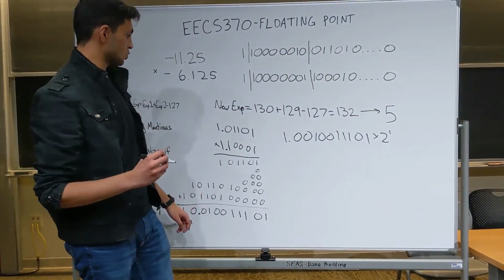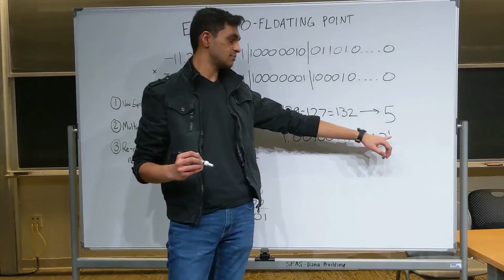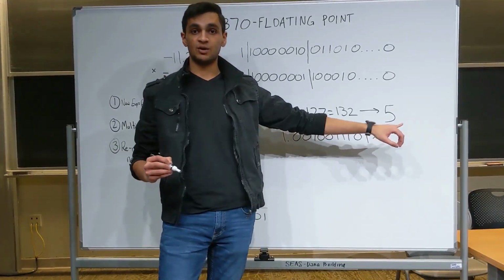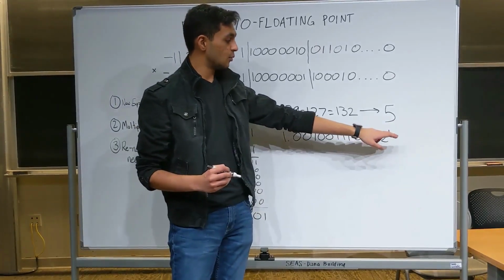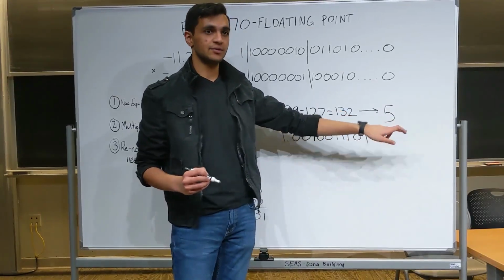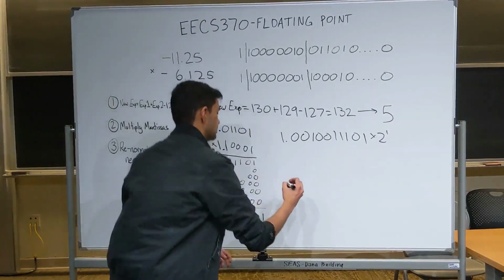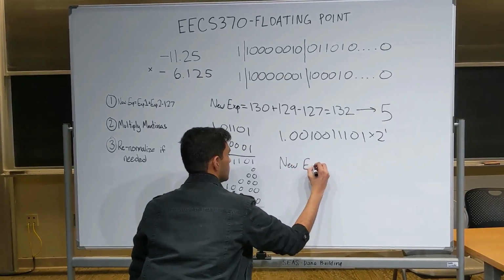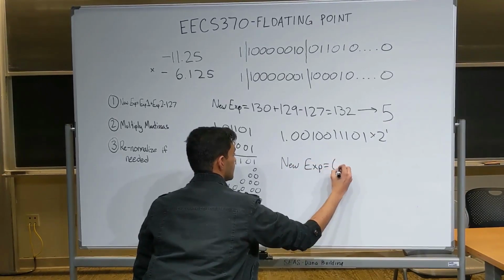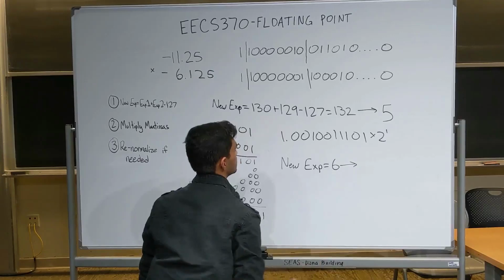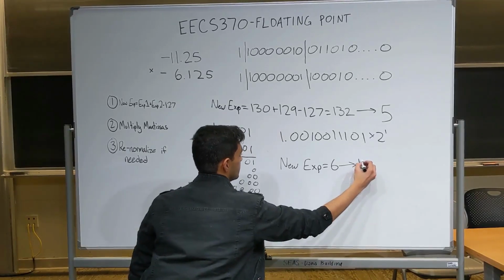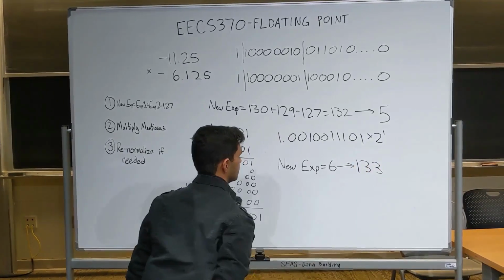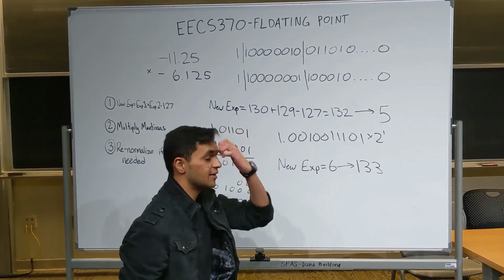But because we renormalized by multiplying by 2 to the power of 1, we have to add 1 to this exponent value. So our new exponent value needs to be 6, which gives us 133 with the 127 offset.